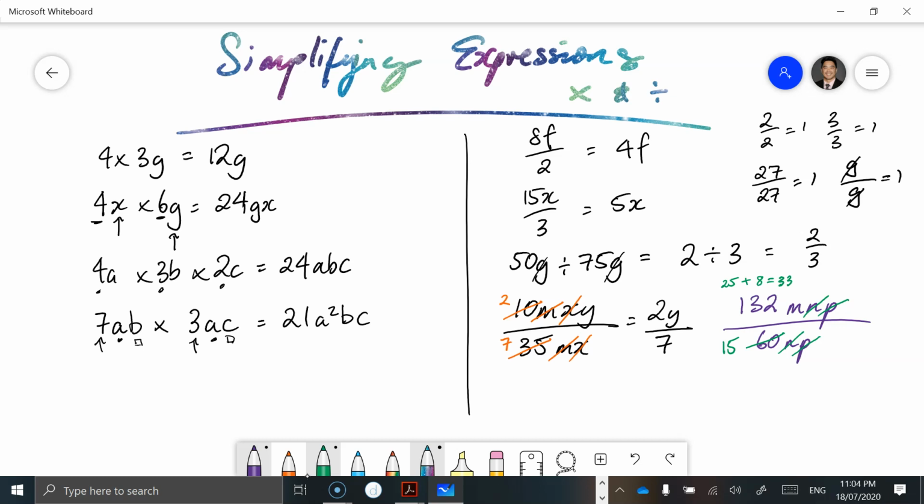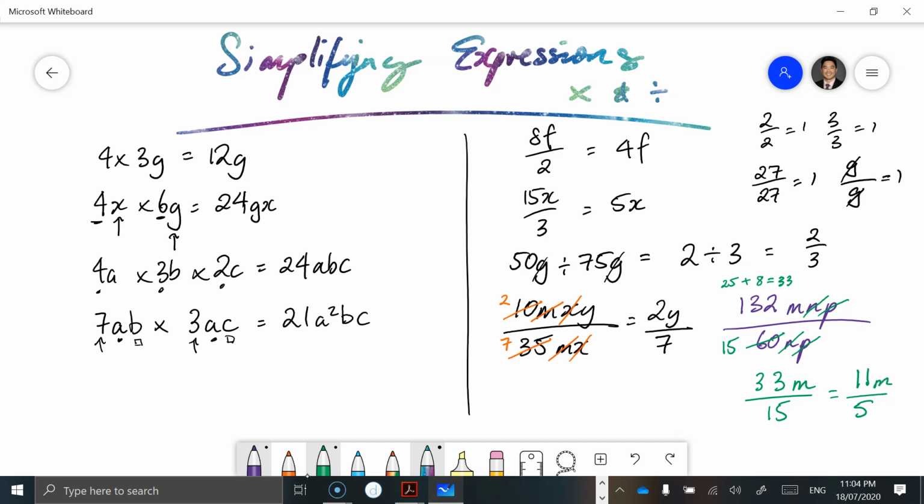Yep. And so what we have now is 33m over 15. Can we simplify it? Yes, we can. The highest common factor between 33 and 15 is 3. So we can simplify that even further down to 11 and 5.